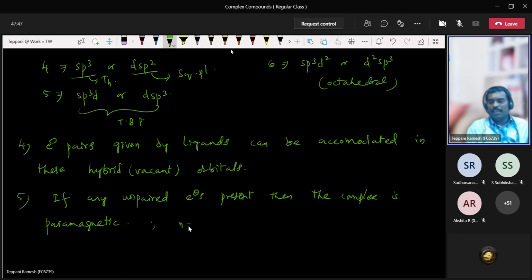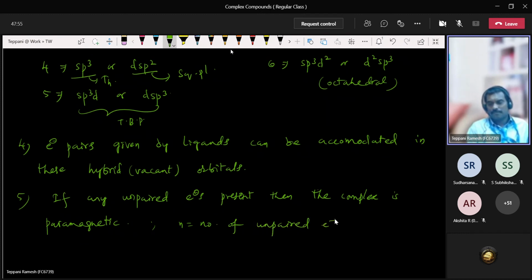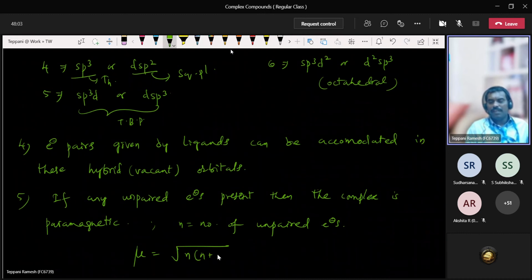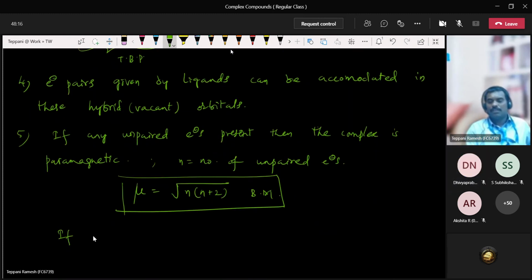You can count their n value, where n is the number of unpaired electrons. Then the mu formula, you have seen this several times: square root of n into n plus 2 Bohr magnetons. BM means Bohr magneton. If n value is 0, the magnetic moment mu value is 0, then that is diamagnetic.